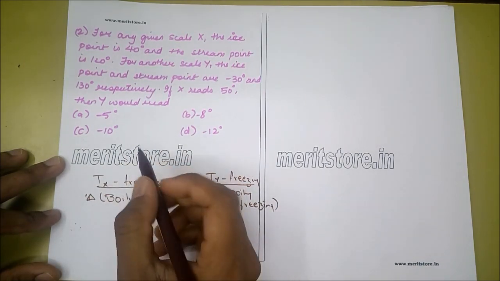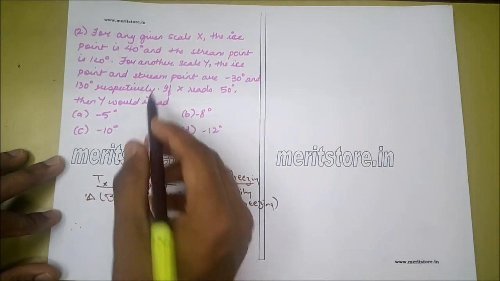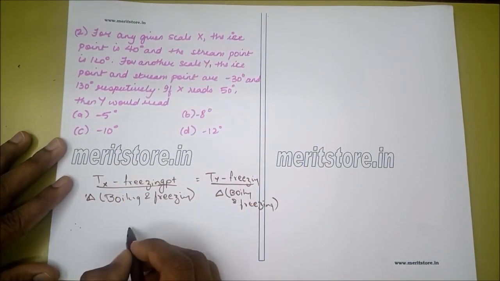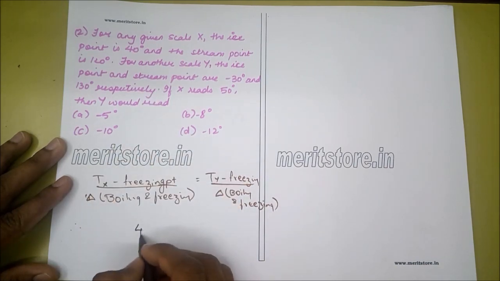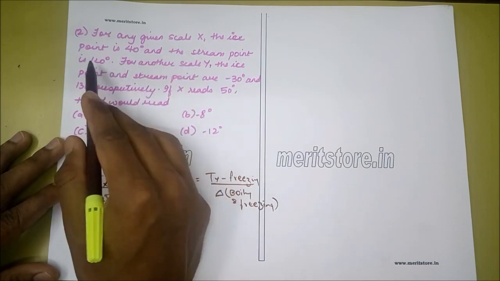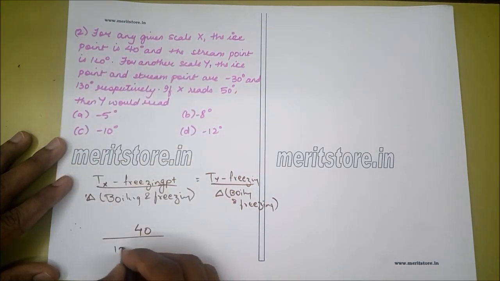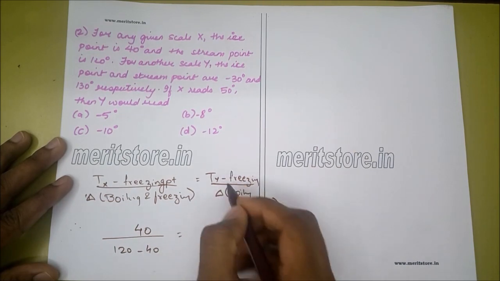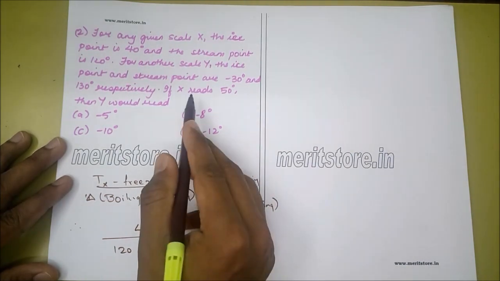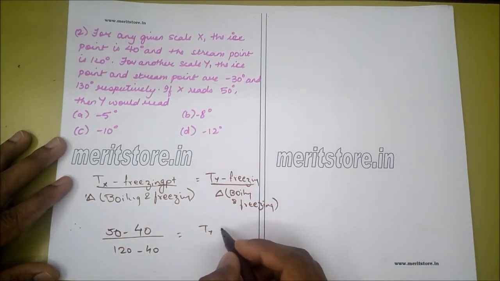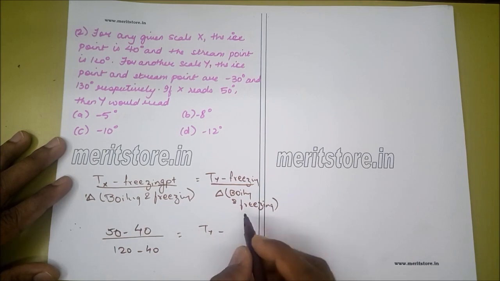Similarly, for the x scale, the ice point is given as 40 and the steam point is given as 120. So the denominator is 120 minus 40, and this is equal to the Ty expression we need to find out. X reads 50, so the Tx over here would be 50. Ty is what we need to find out.